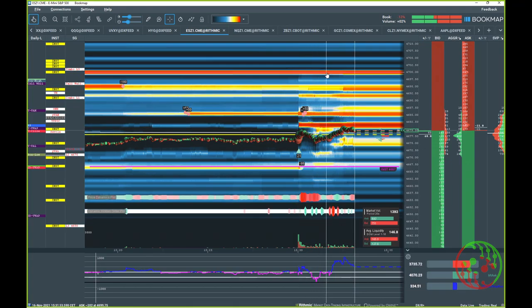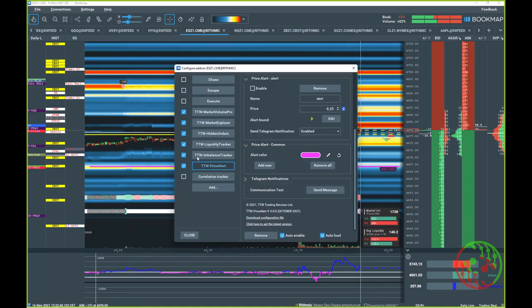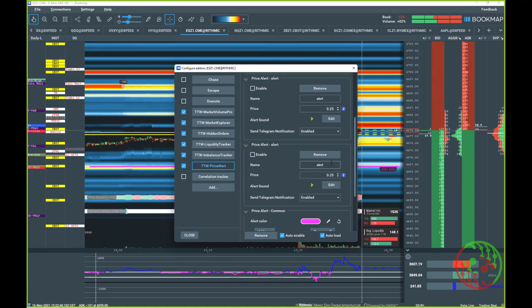Very clear. We have 4700. 95 was cancelled, but is coming back a little bit. We have 85 here. It's adding. And we have, what is this, 80 here. I don't know whether 80, let me add a level here.